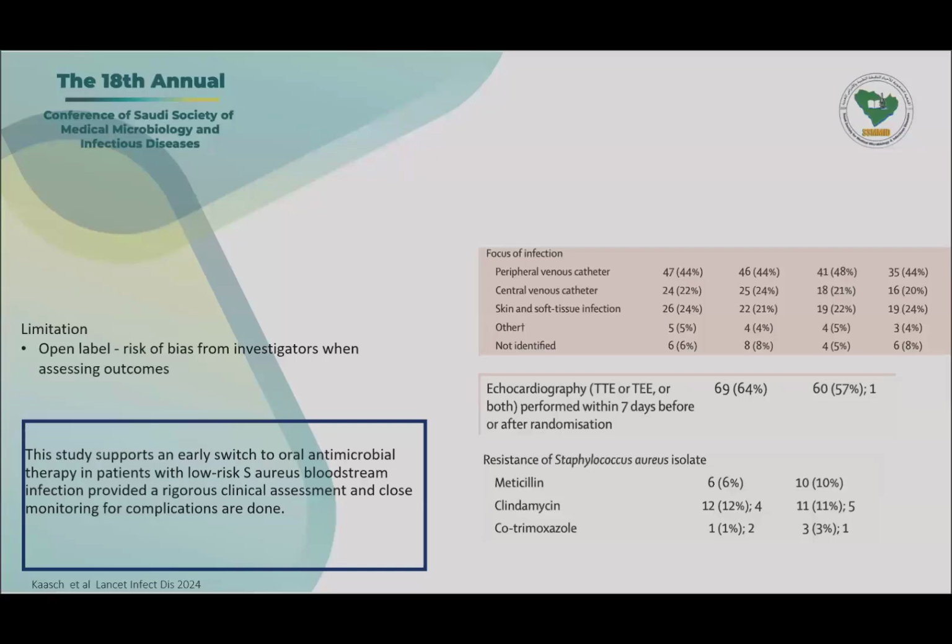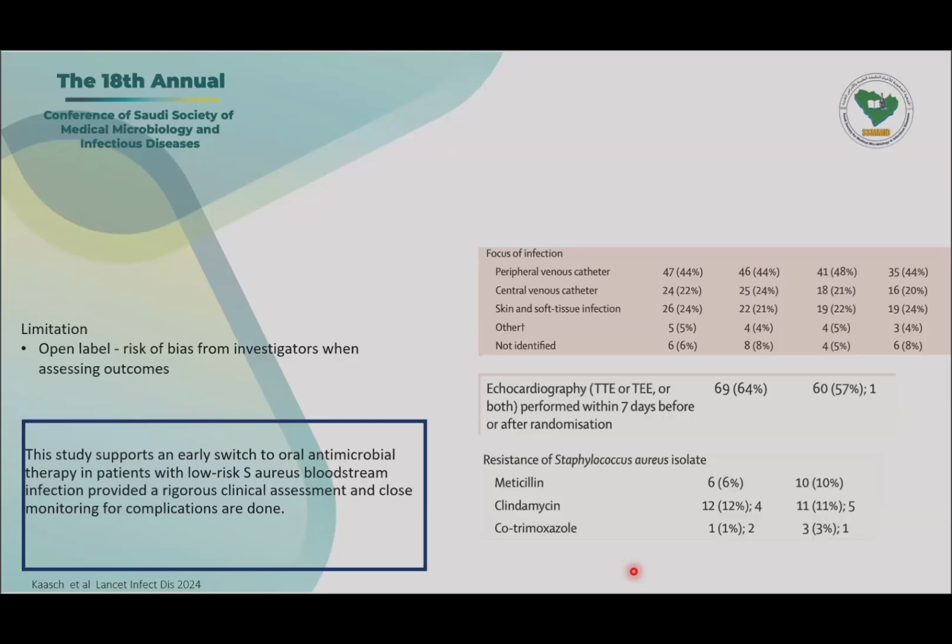So these are, I think, important considerations when you are thinking about switching to oral for Staph aureus bacteremia. Looking at this study, the main limitation for me was the open label design, since many of the outcomes were assessed by the investigator.